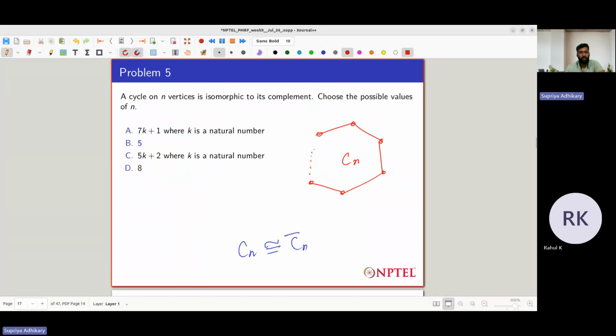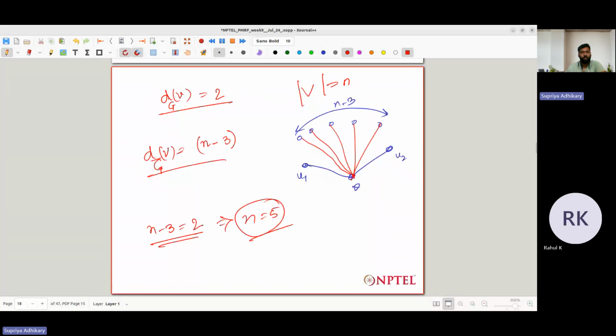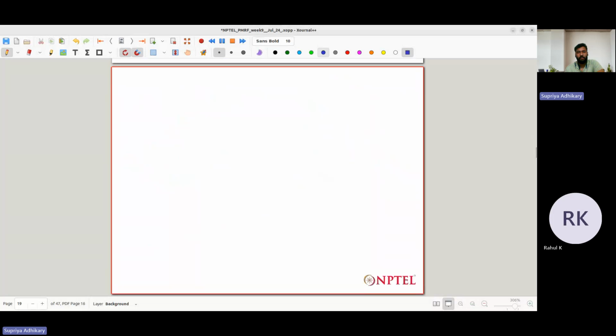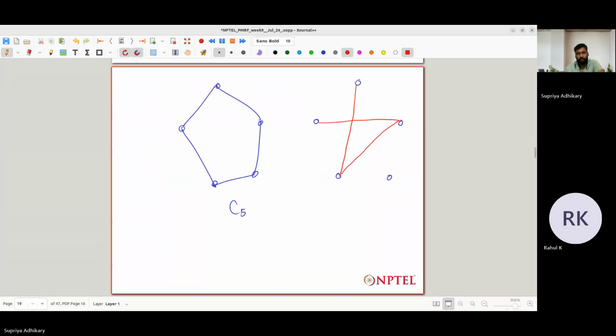But the question is, is it true that C5 is isomorphic to C5 bar? What is C5? C5 should be like this. So this is our C5. And what about the C5 complement? Now name the vertices V1, V2, V3, V4, and V5.